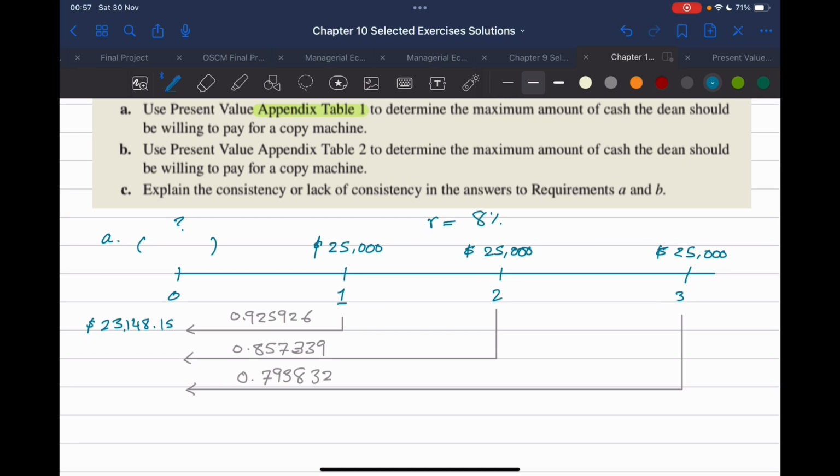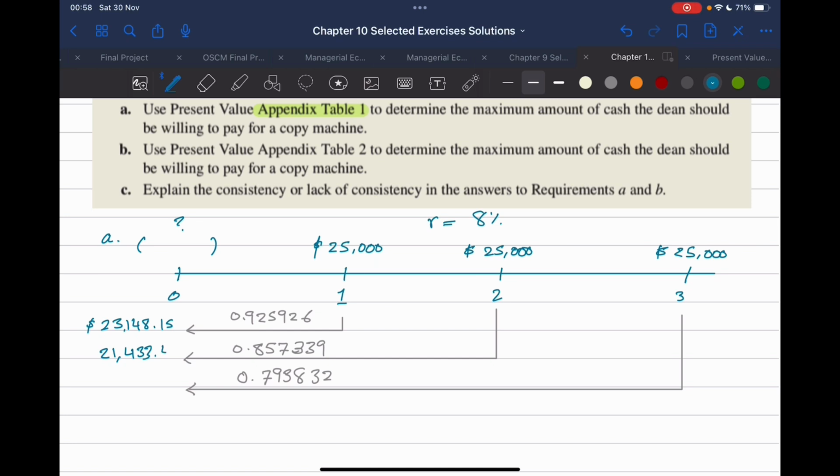We'll do the same for the second one, $25,000 multiplied by, of course, this time we're going to be using this discount factor, 0.857339, and the present value is going to be 21,433.475.